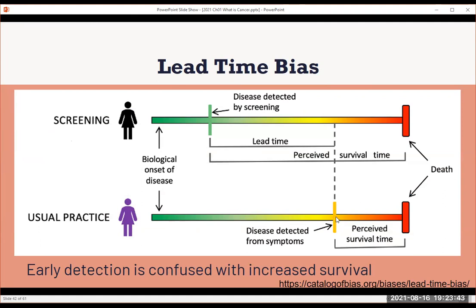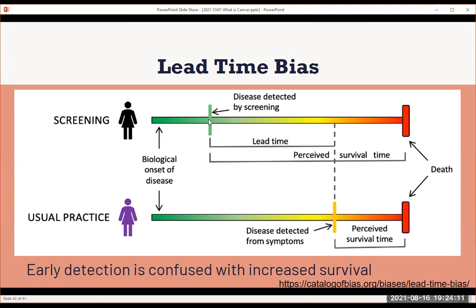And then if you followed them over time and looked at when they died, you would say this was their perceived survival time from the time of diagnosis to the time of death. Now, with advances of screening and detection measures, instead of detecting the disease at the onset of symptoms, you might detect them quite a bit earlier when they don't have any symptoms yet.